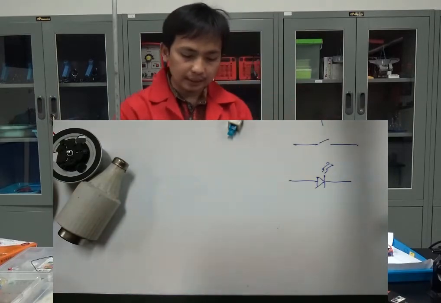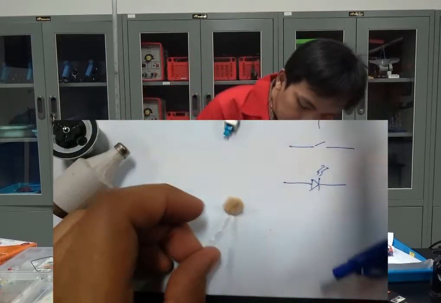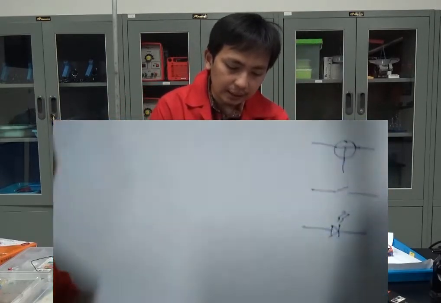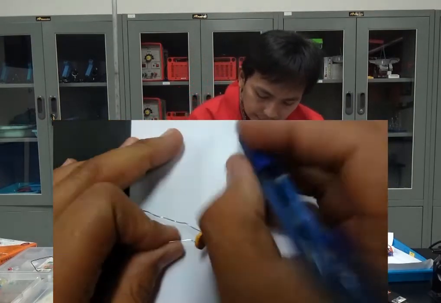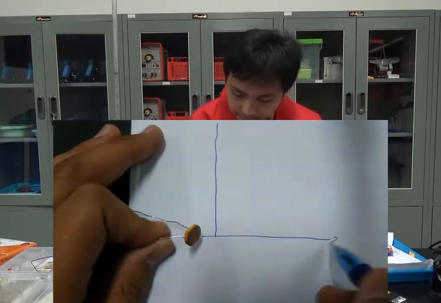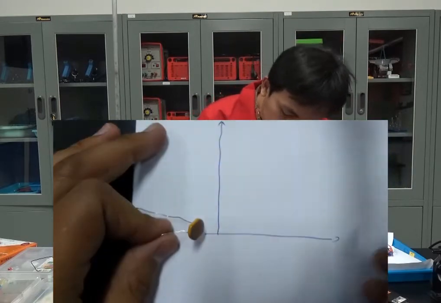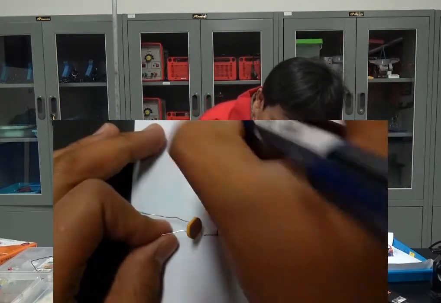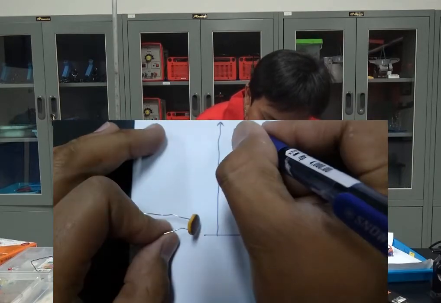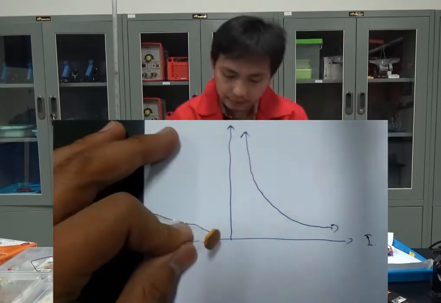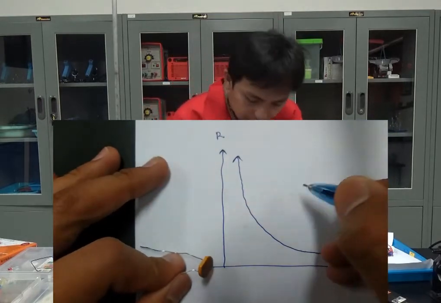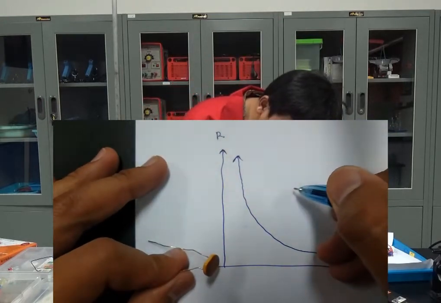It means that the resistance depends on the light intensity. If we plot it here, this is the light intensity, and this one is the resistance. It makes a curve.